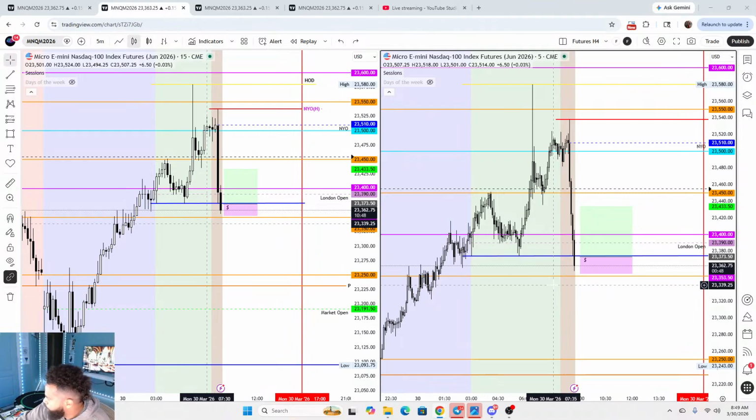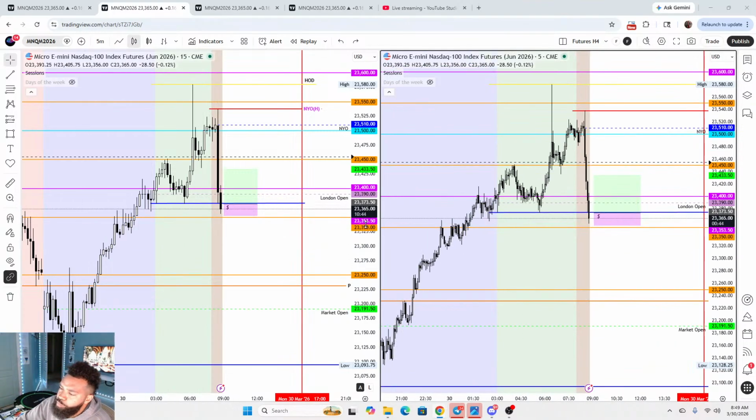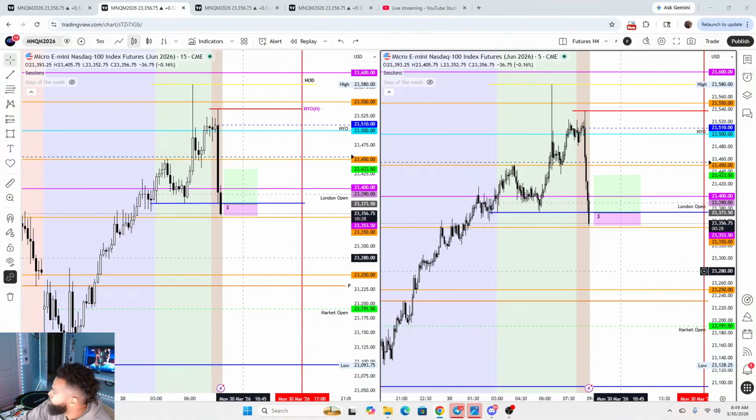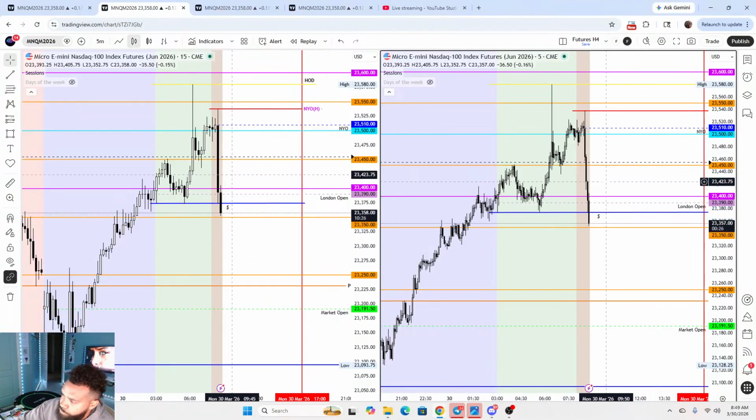See if it pushes through that low. Hasn't pushed through the low yet. It's okay. So it looks like it's still pushing. We're through the levels over here. So still, just being patient.